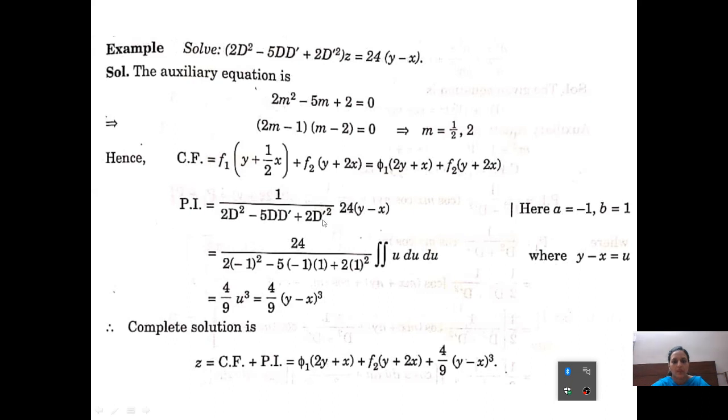This equation is of second order, so we have placed 2 integration signs over here. Since 24 is a constant, we can write it over here because there is nothing to solve with this part. This function we have to write over here, but before placing it, we assume it as u for some time.